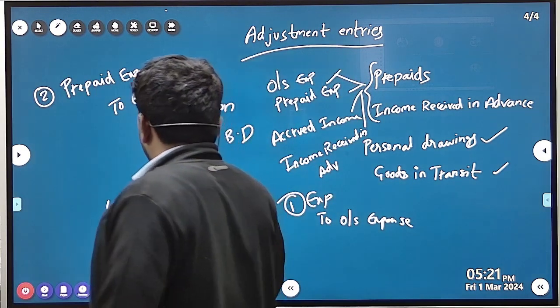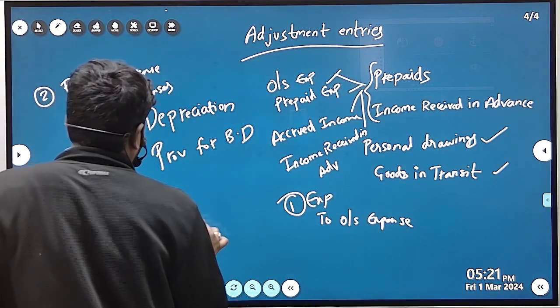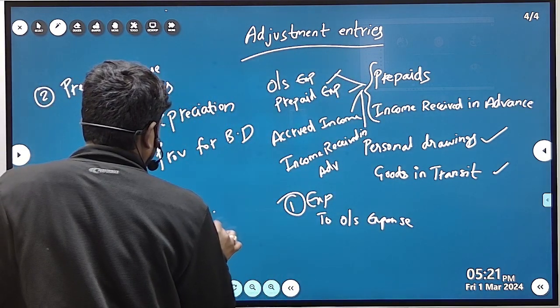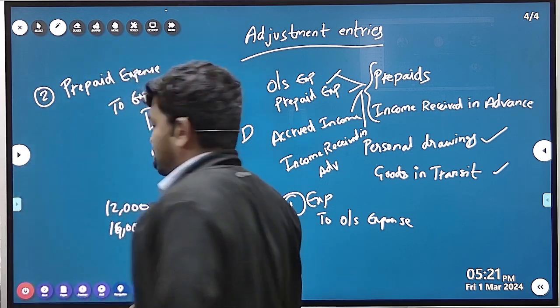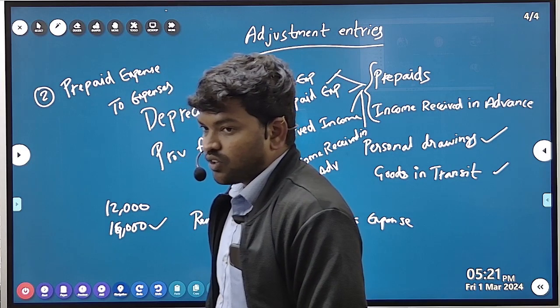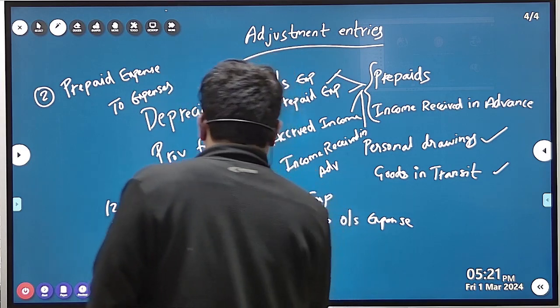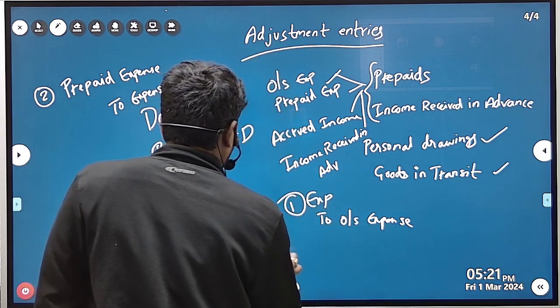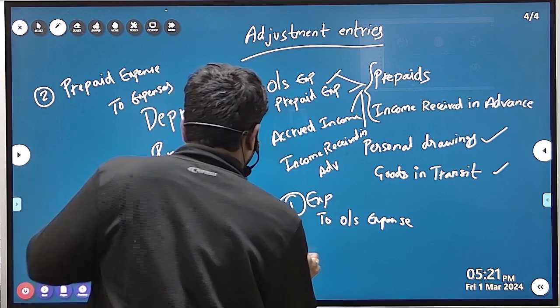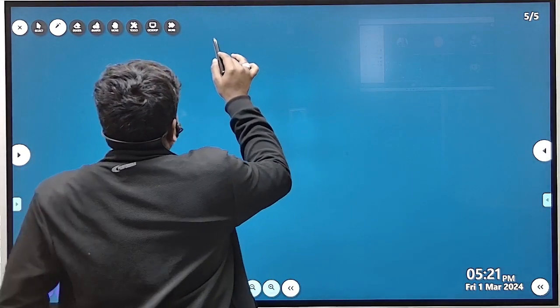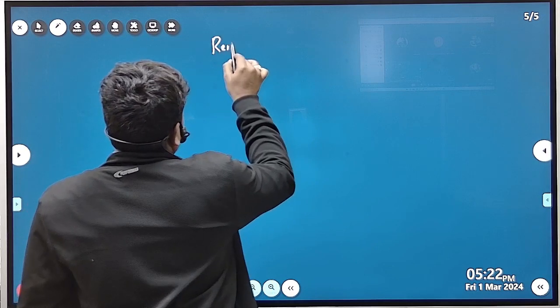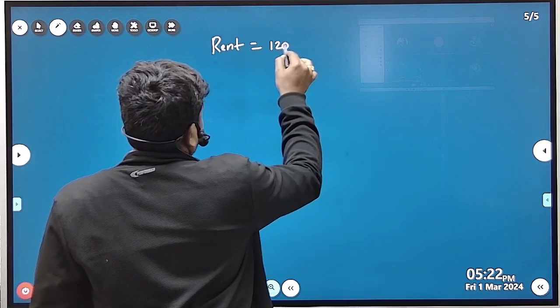So while making the 15,000 payment, you might have passed this entry. Yes or no? Rent account debit to cash or bank. I'll take a different page. Rent is equal to 12,000 per annum.